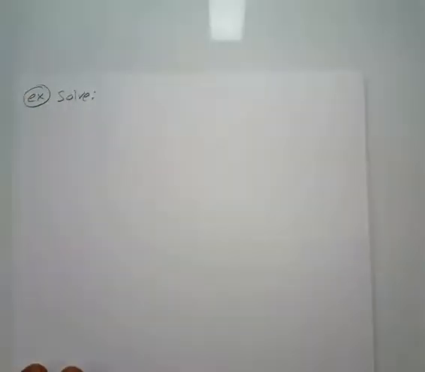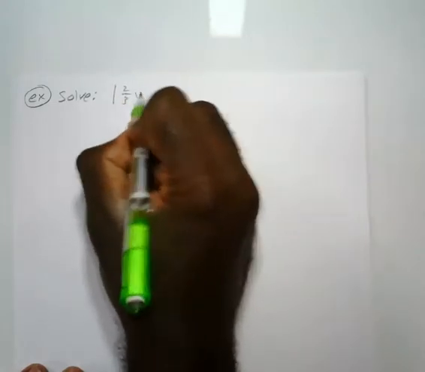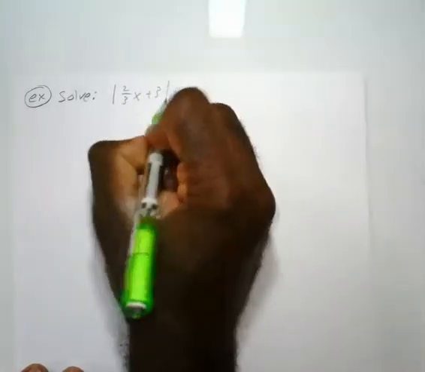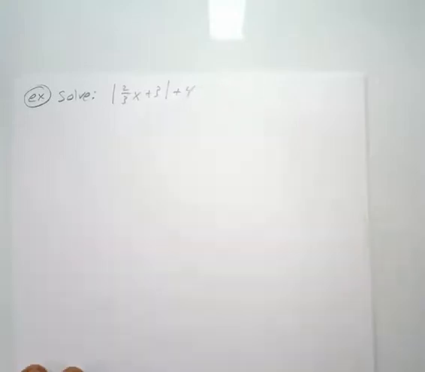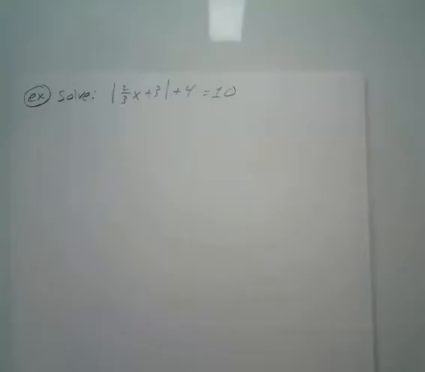Let's say we wanted to solve the absolute value of 2 over 3x plus 3, then plus 4, equals 10.